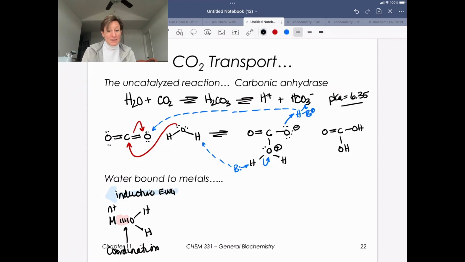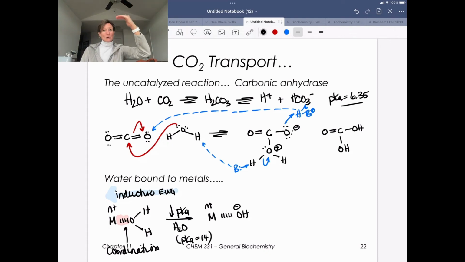What this does is this is going to decrease the pKa of the water that is bound there. So the net effect is we're going to have this metal, which is going to be coordinated now to a hydroxide. Water normally has a pKa of 14.